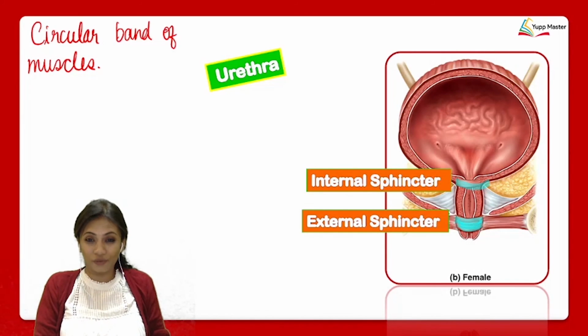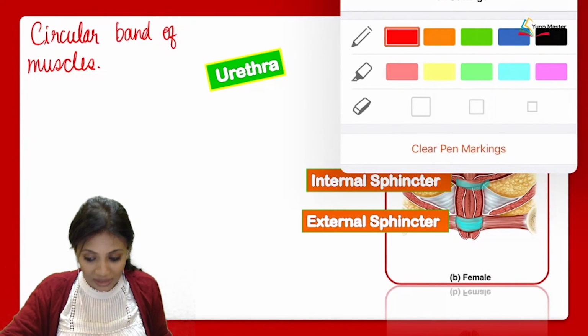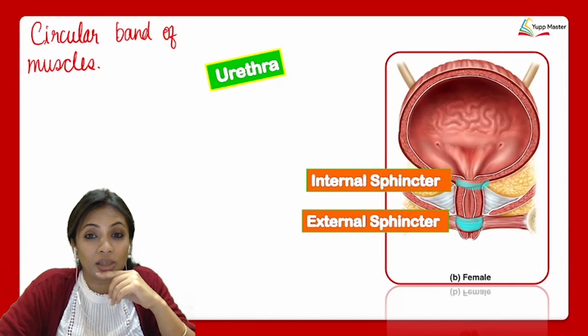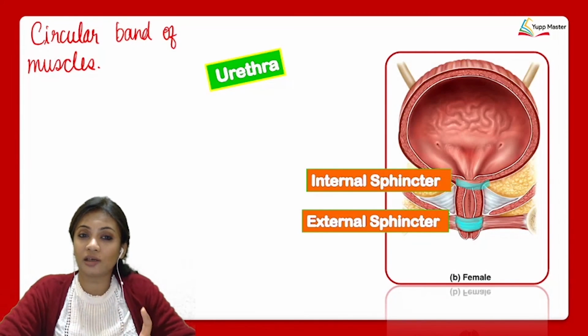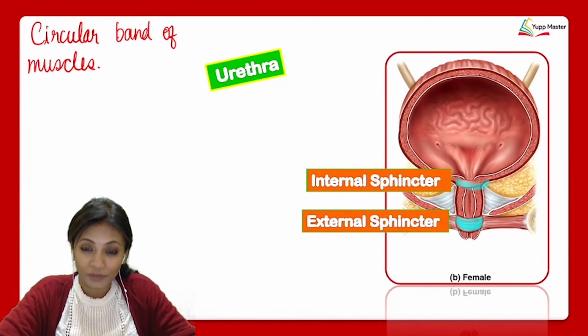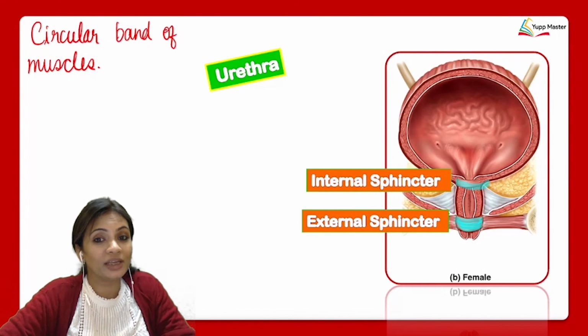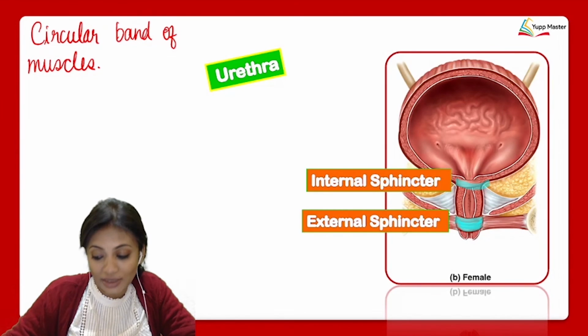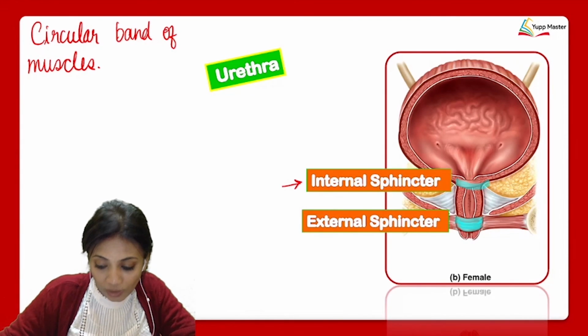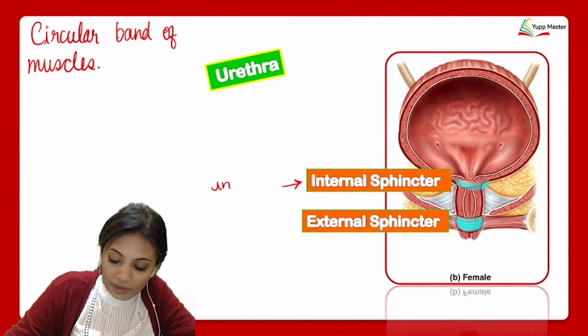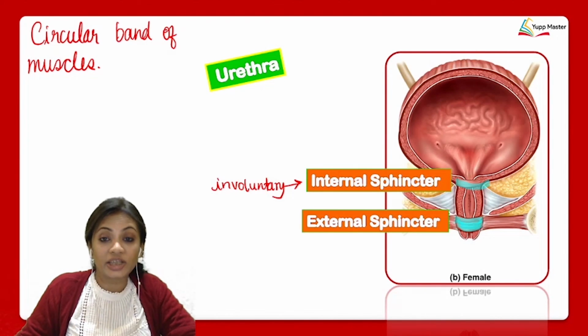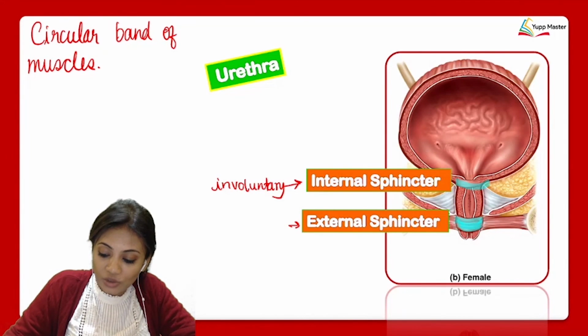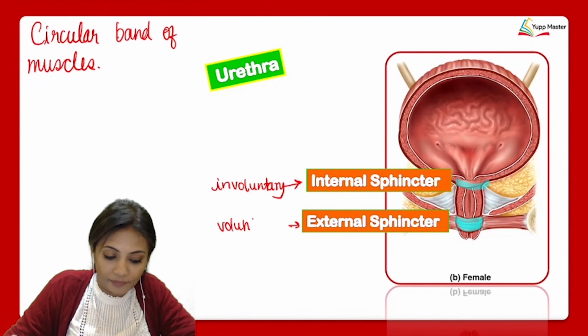What do you think the internal sphincter will be, voluntary or involuntary? Yes, this internal one is the one which is going to be involuntary, and the external sphincter is the one which is going to be voluntary.